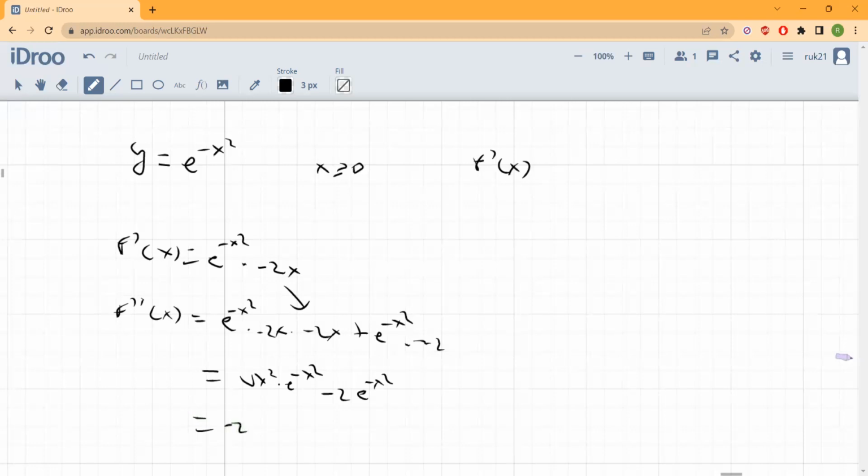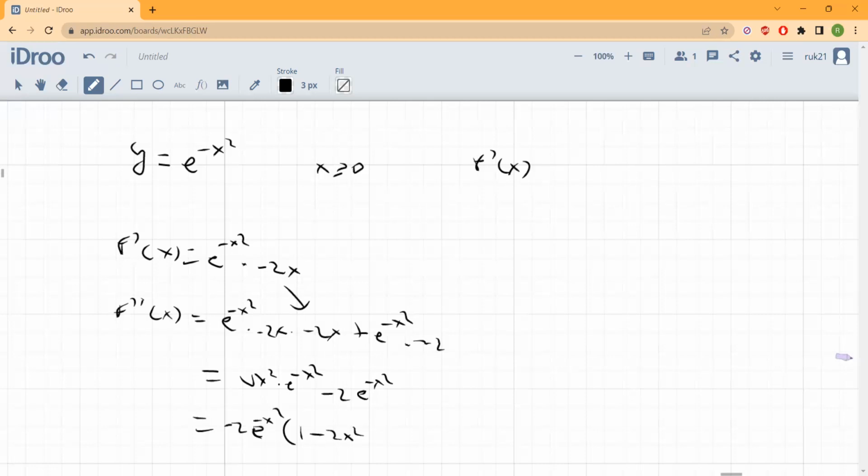So it's going to be negative 2 e to the power of negative x squared, in brackets, 1 minus 2x squared. Here it is.